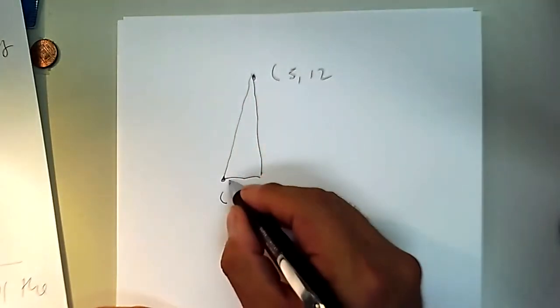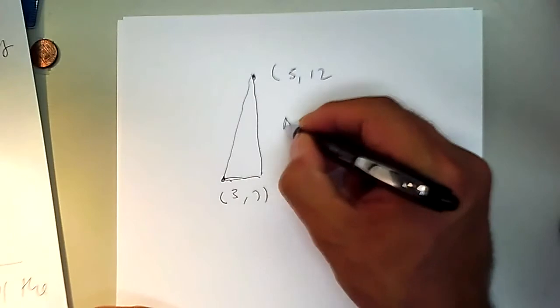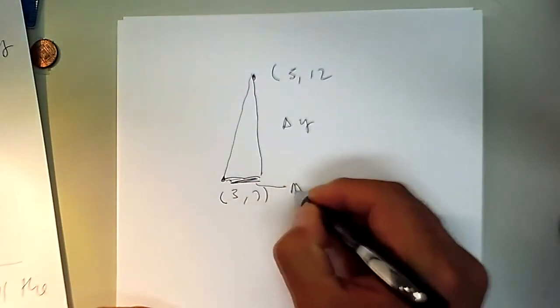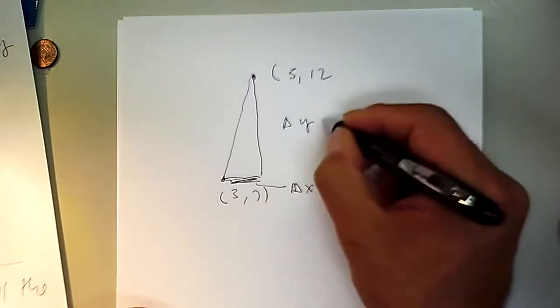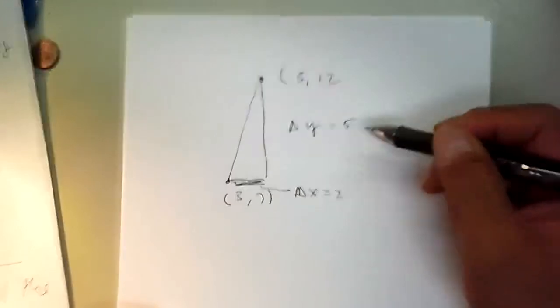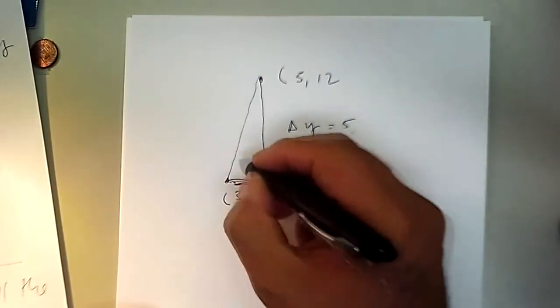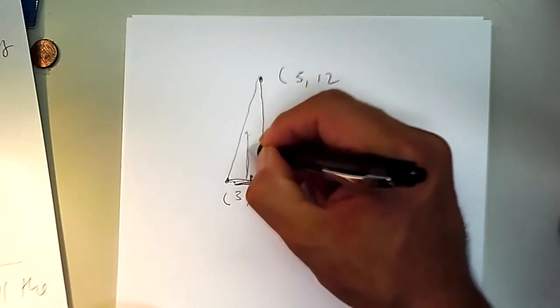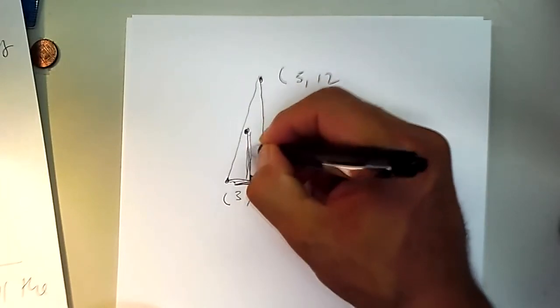Okay, so that means that this is delta y corresponding to delta x, which is 2 units, is 5. And then when we divide, we get 5 halves, which is 2.5. 2.5 is the same thing as how much it goes up per unit. So per unit, we're going 2.5 up.